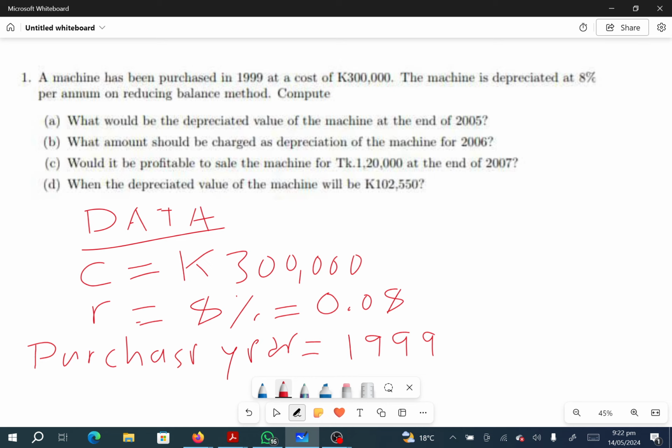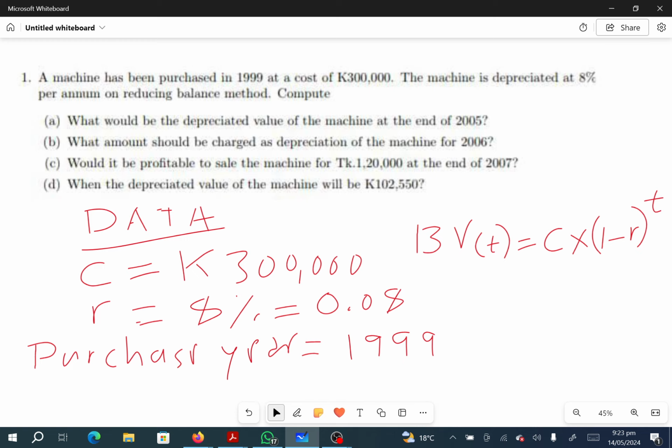Okay, then from our formula we know that book value in terms of time is equal to initial cost multiplied by 1 minus the rate to the power t.